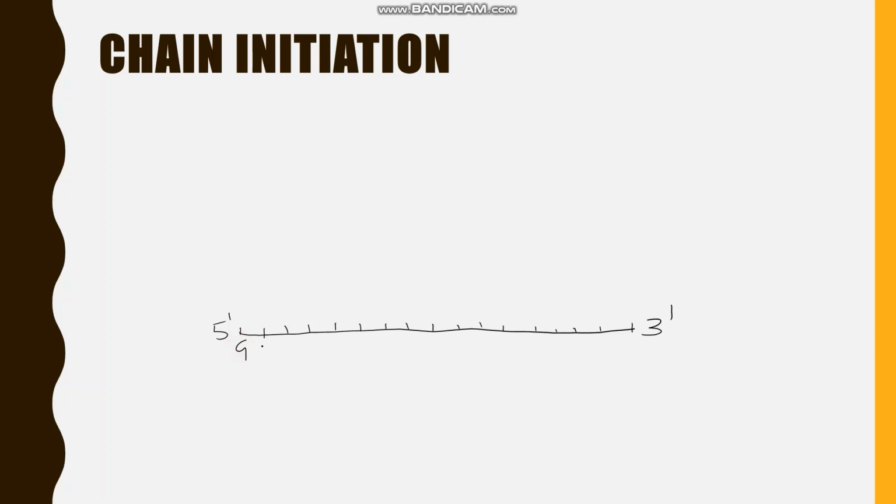For example, G, C, C, A, U, G, U, C, U, G, U, A, G, like this. One sequence is there. As I told earlier, the sequence varies from RNA to RNA.